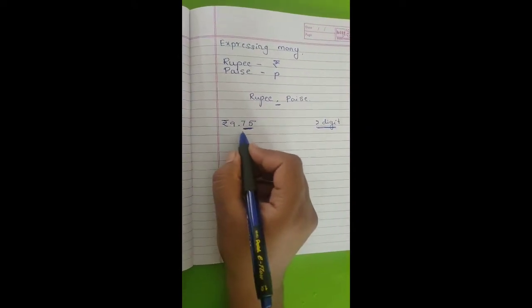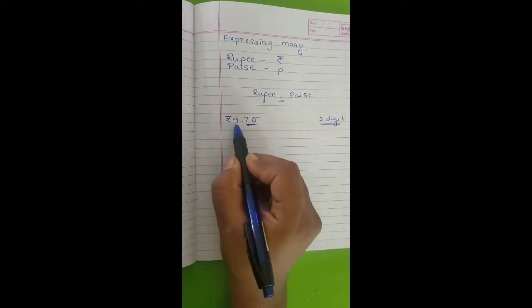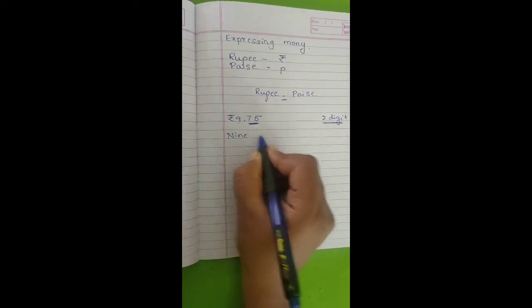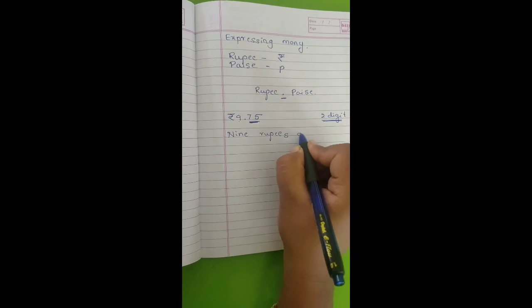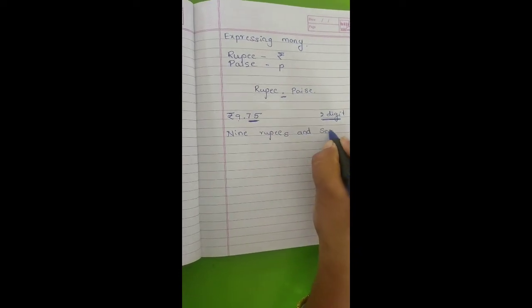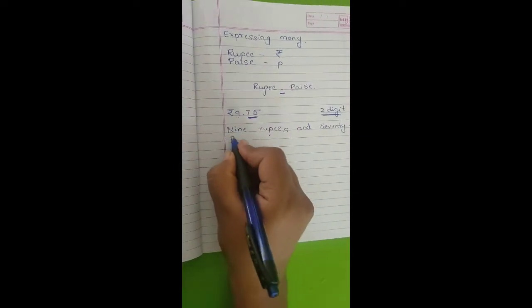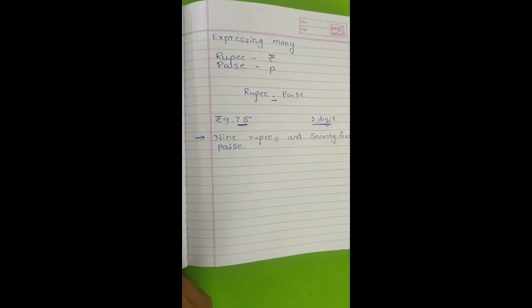Now how will I write it in words? See how I will write. This is 9 rupees 75 paisa. 9 rupees and 75 paisa. How we will write? Understood?